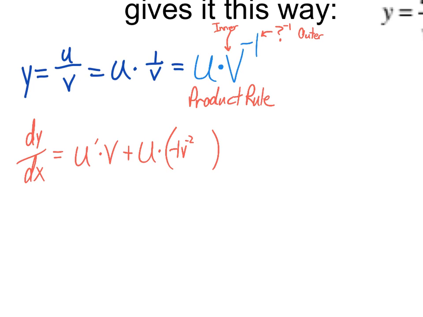But then we have to multiply by the derivative of the inner. The inner was v, so the derivative is v prime. There we go. V prime. Okay? So it's negative 1 v to the negative 2 times the derivative of the inside, which is v prime.